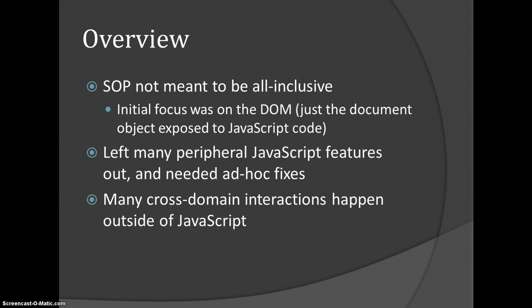So basically, all the different vendors do things differently in their handling of different issues that we're going to talk about. Besides JavaScript, there are a lot of examples of cross-domain interactions that happen all the time that are completely outside of JavaScript, which the same origin policy doesn't cover at all.